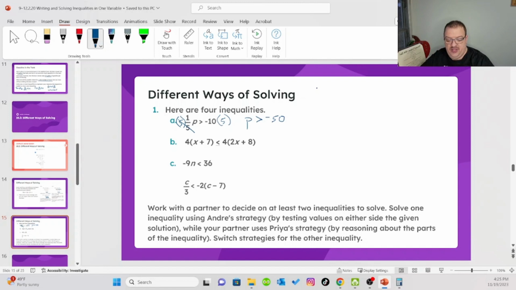Another way to do that is to first change this into an equation. So 1/5 p equals negative 10. Multiply both sides by 5, and p equals negative 50. That tells me where to put my dot on the number line.